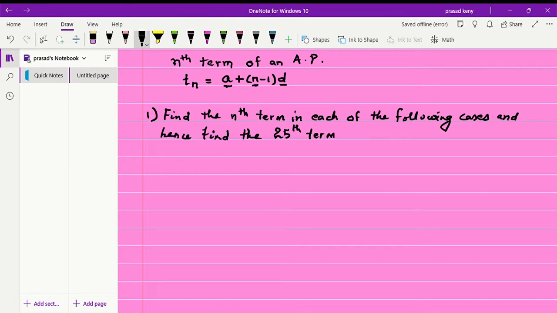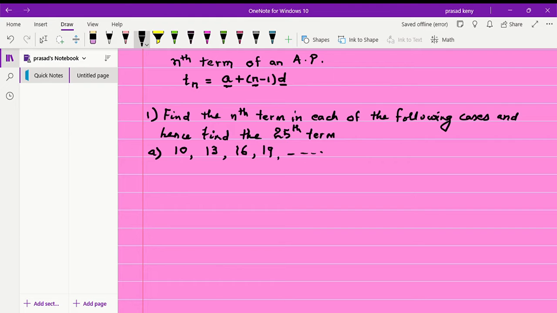So the first sequence is given to you here, 10, 13, 16, 19, and so on.